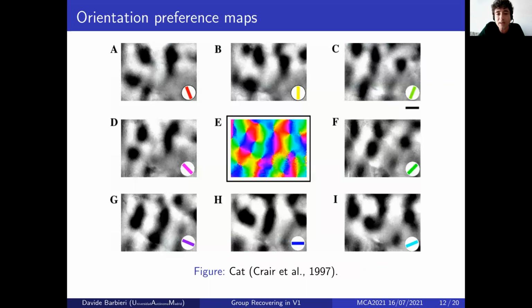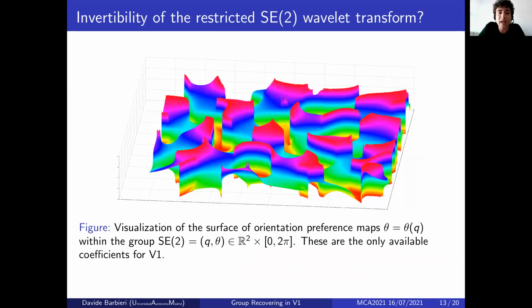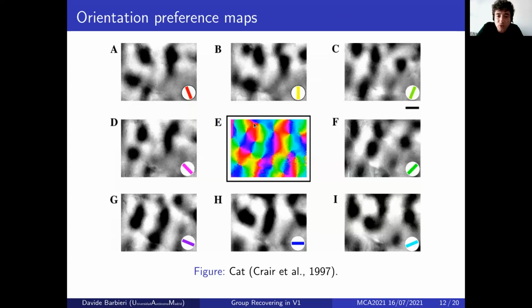So these images can be recollected in one single image that has been quite popular in the neurophysiology community for a couple of decades, and essentially shows that, and it also has a quite simple structure from the point of view of it's quite easy to reproduce numerically a structure similar to the one here.